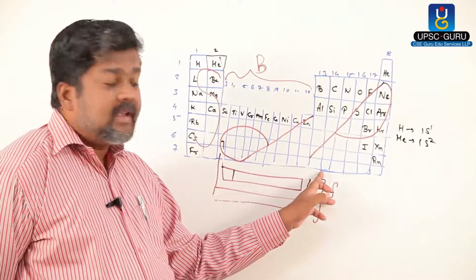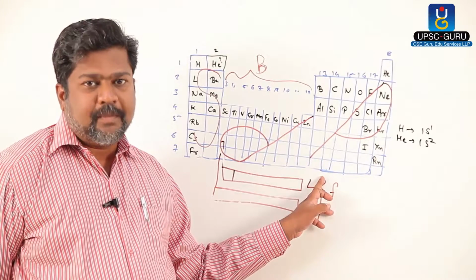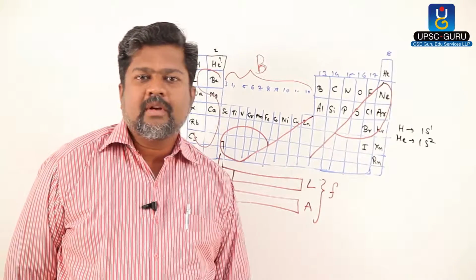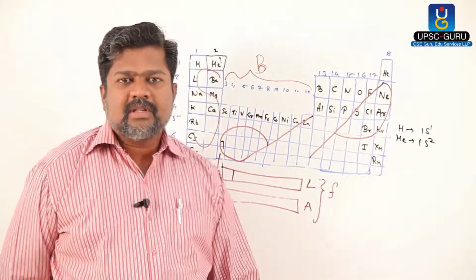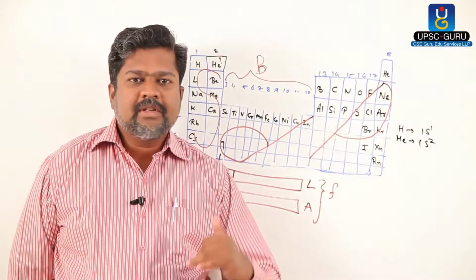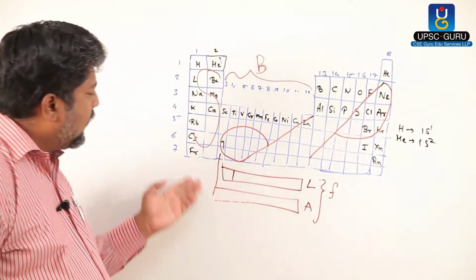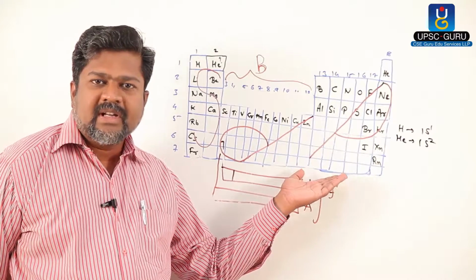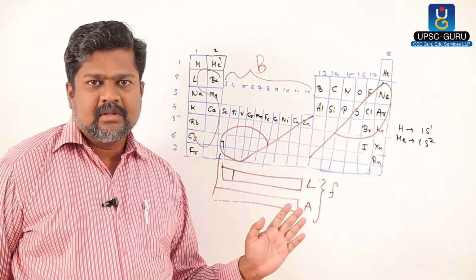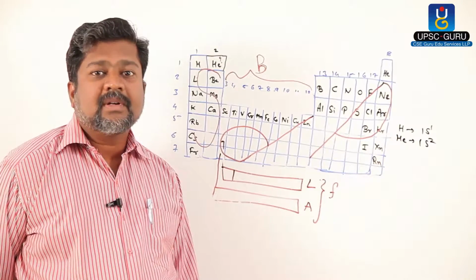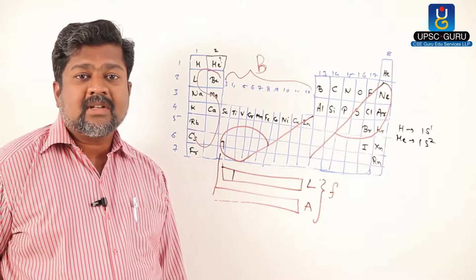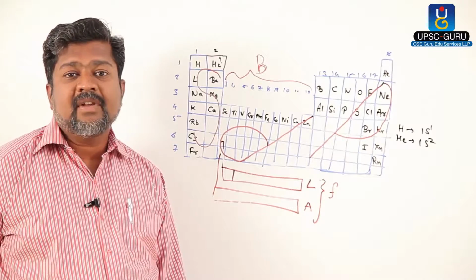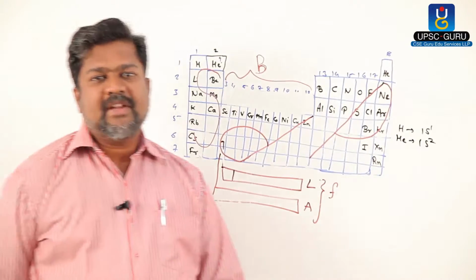So this period was earlier called an incomplete period, but now it is almost going to complete. I don't know, because that present-day knowledge is not with me. But still I don't know whether the elements are studied 100%, because they have a very short half-life.